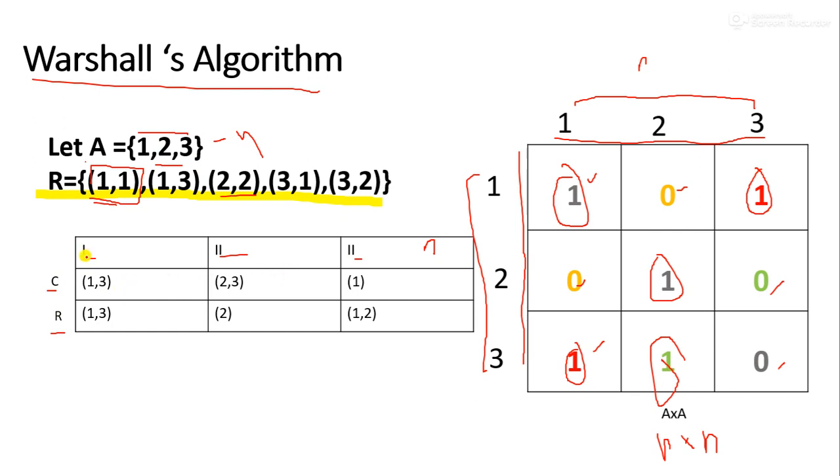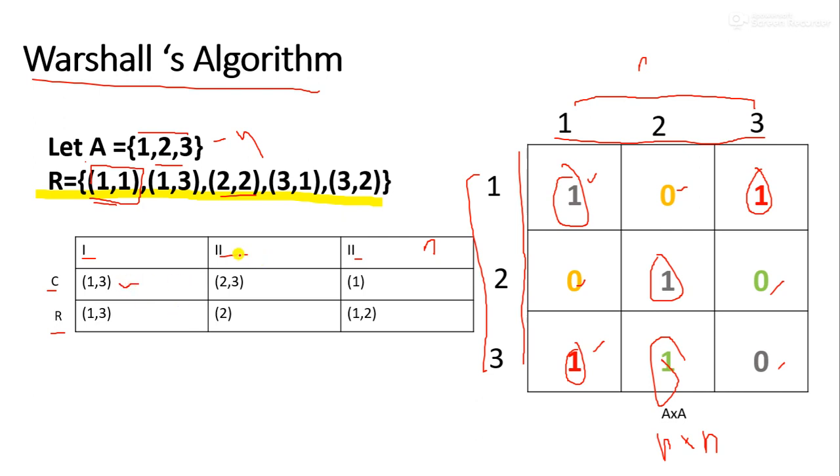Then we need to check column 1. In column 1 we have 1 on 1 and 3, so we write 1 and 3 here.